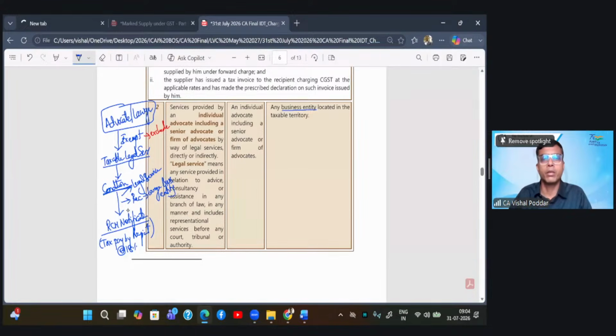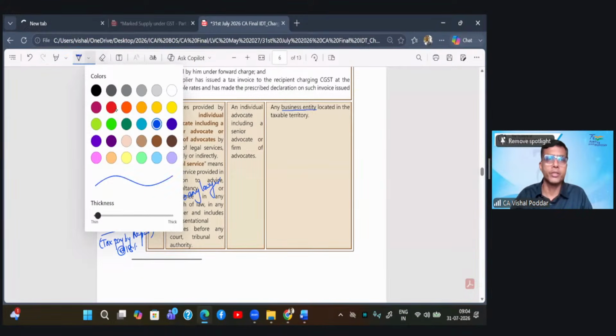Correct? And third condition, senior lawyer to any lawyer. This is outside RCM. Now students, make a note of this.